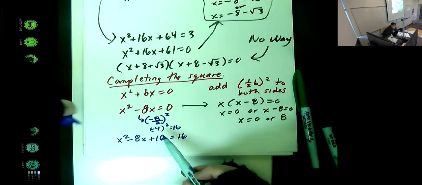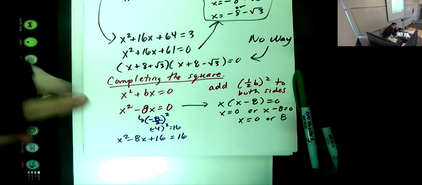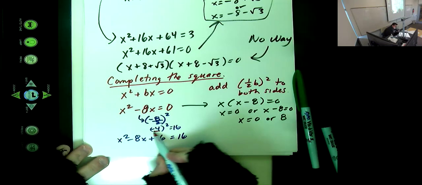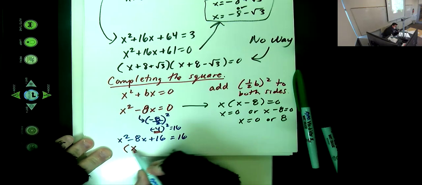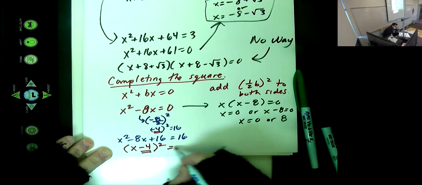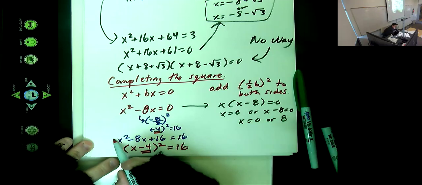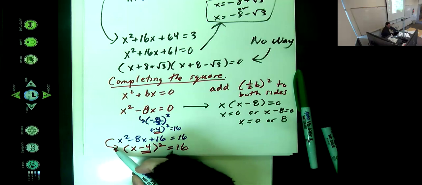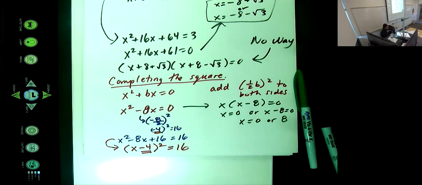And when you do the complete the square, whatever this was actually goes in the square down here. Those are the same. X squared minus 8x plus 16 factors to x minus 4 squared.